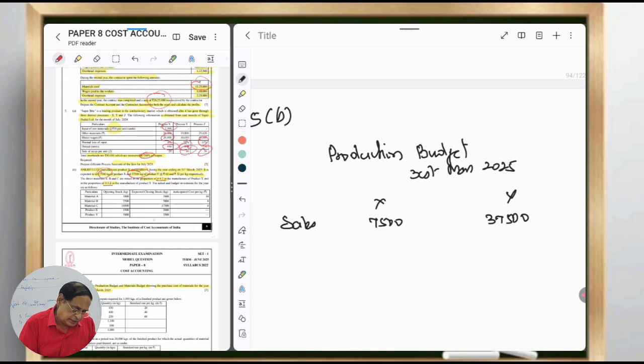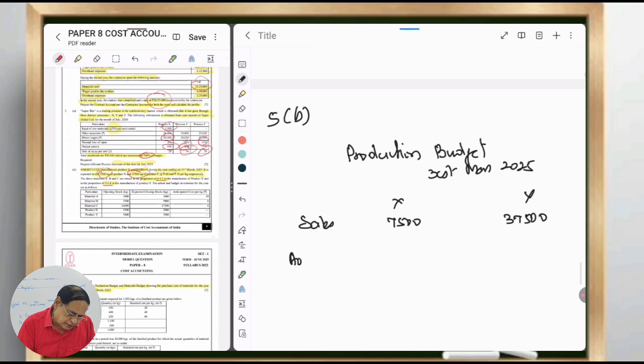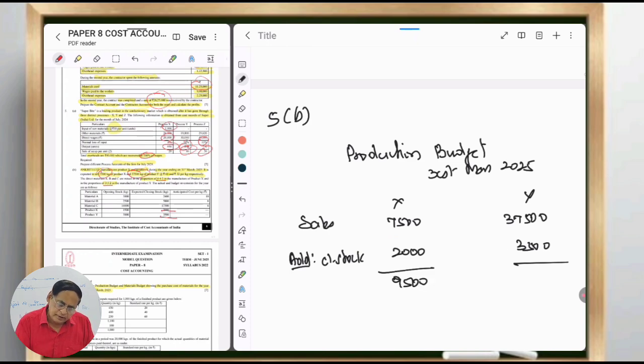In order to find out the production, closing stock must be added, if there is any closing stock. The closing stock is 2,000 for X and 3,500 for Y. So if we add 7,500 plus 2,000, that is 9,500, and 37,500 plus 3,500, that is 41,000.